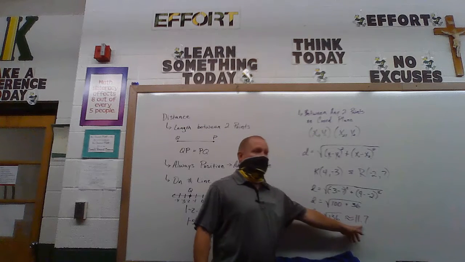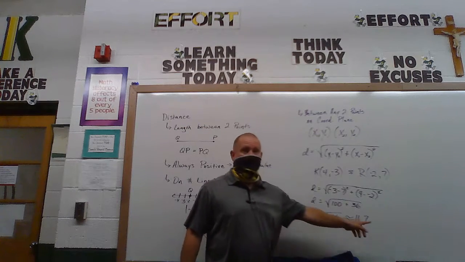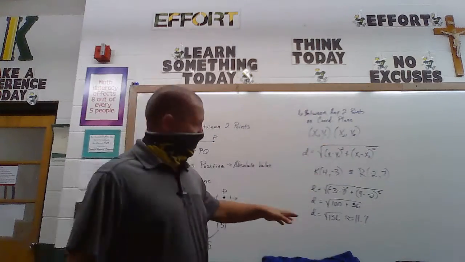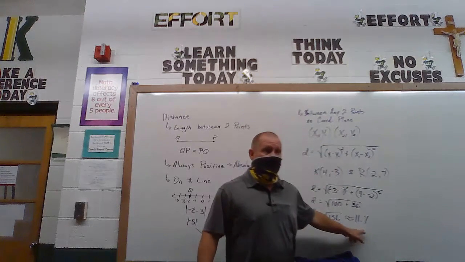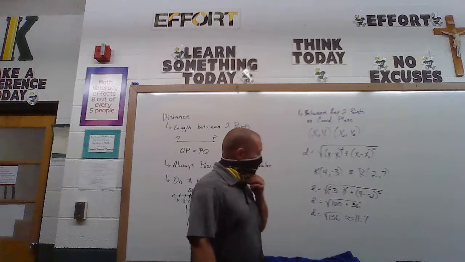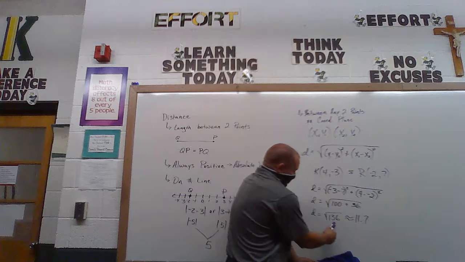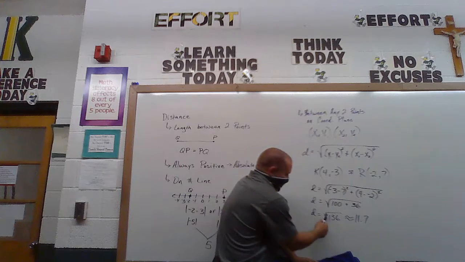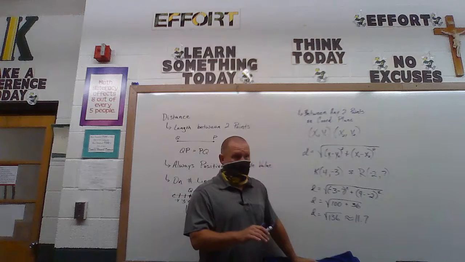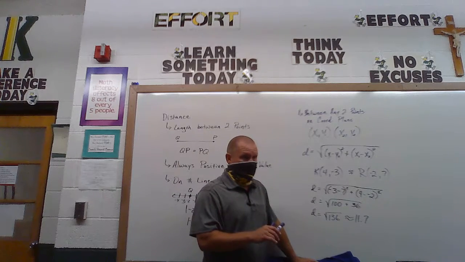So again, if somebody said, hey, go run 11.7 miles, most of you would say, forget it anyway, right? But at least you would understand that. And again, remember that this has to be a positive number. So if you ever come down to this point right here where this number is a negative, stop because you did something wrong. It's always got to be a positive number.